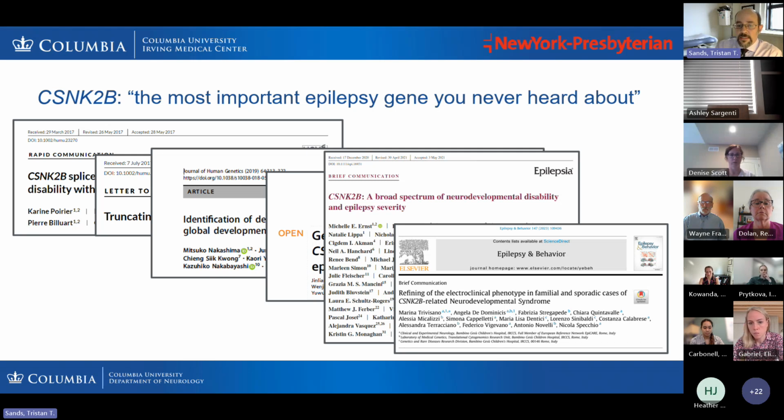And even more recently, there is a nice series from an Italian group that I happen to be friendly with, who reported that they agree that there's a lot of variability, which was the thrust of our paper, but they highlight the fact that even within a family, there are cases where different individuals are affected differently with the same variant. And so this becomes very important.